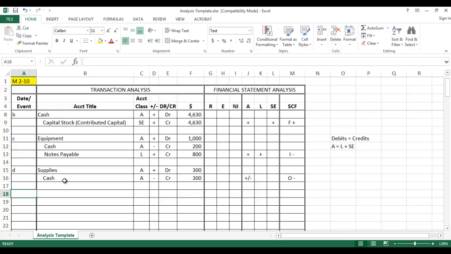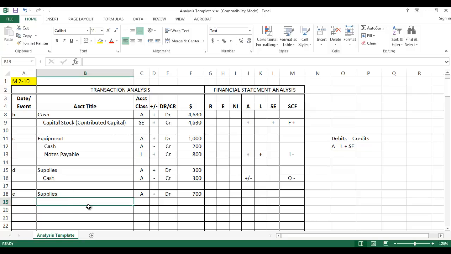So we had just one more transaction here, letter E, which says bought and received $700 of supplies on account this time. Well, we know we still got supplies. We agreed supplies was an asset account, so we're going to increase that with a debit in the amount of $700.